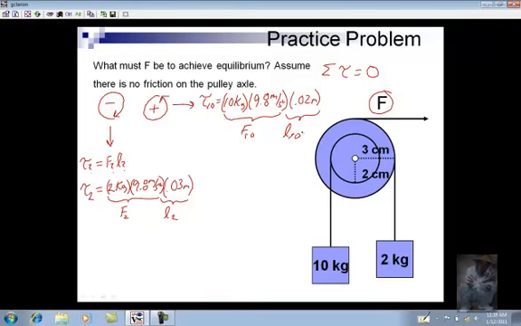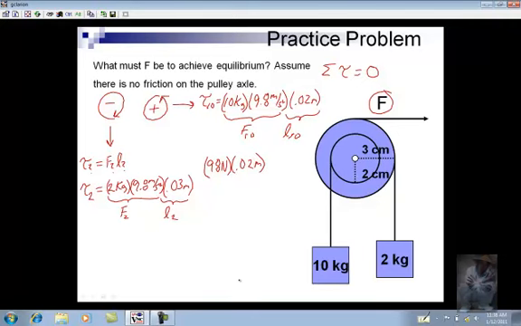So now I've got to add up all these torques and make them equal 0. So let me save some space here. Let's start with my positive torque. So 10 times 9.8 is going to be 98 newtons, times 0.02 meters.